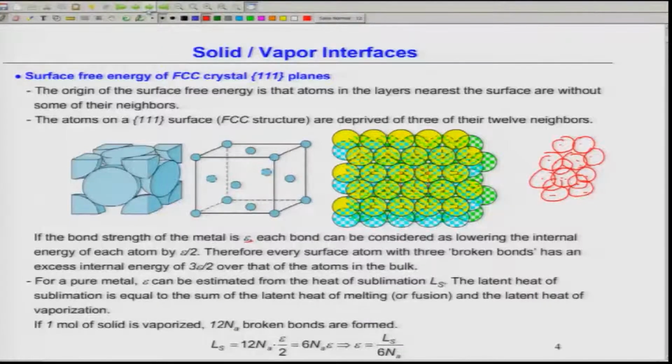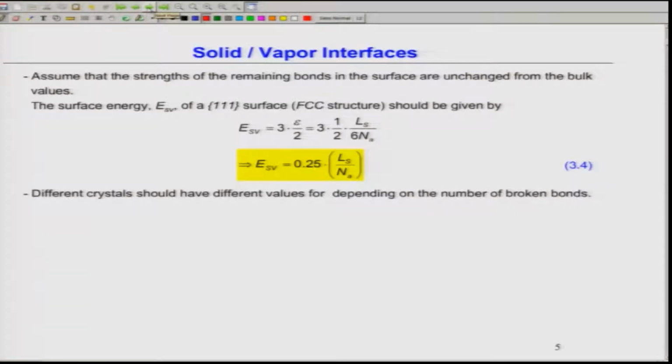So, now if I have that idea, what can I do? Assume that this surface energy is basically because of these 1 1 1 surfaces. Therefore, it must be equal to 3 epsilon by 2, which I have already considered, and epsilon is Ls by 6 Na. That gives me surface energy equal to 0.25 into Ls by Na, right. If I simply do the calculation, this is 12, this is 3, so 1 by 4 becomes 0.25 and this is Ls by Na.